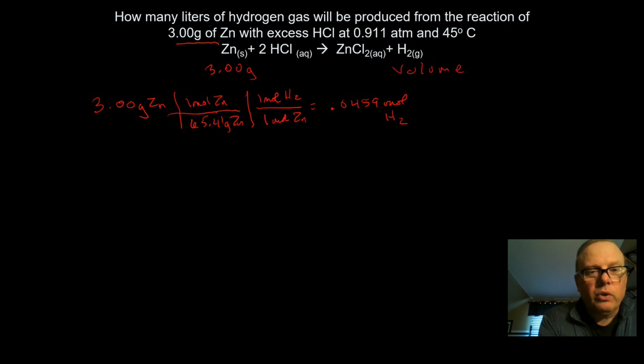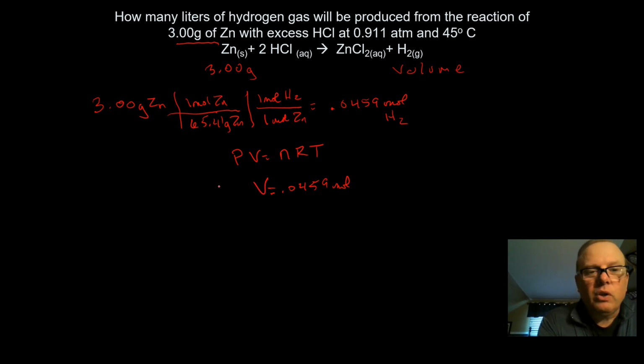What I'm now going to do is use this to put into the ideal gas law, PV equals nRT. And I've got this number of moles now that I've figured, 0.0459 moles. And I'm asked to find the volume of this, so that's the unknown.